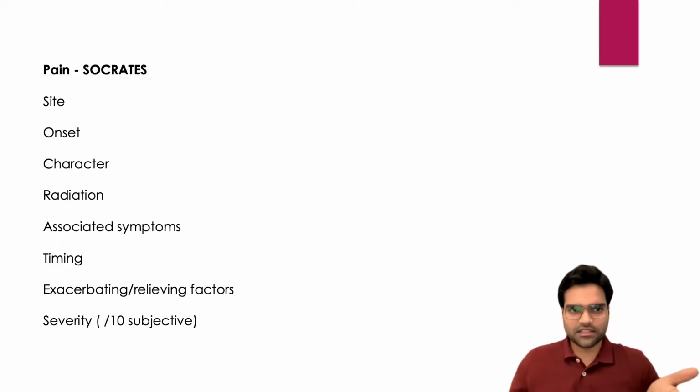This is also a way you can present. In America, people follow OPQRST, while in India, or maybe in other parts of the world, people follow SOCRATES. It's up to you. The mnemonics are basically the same.